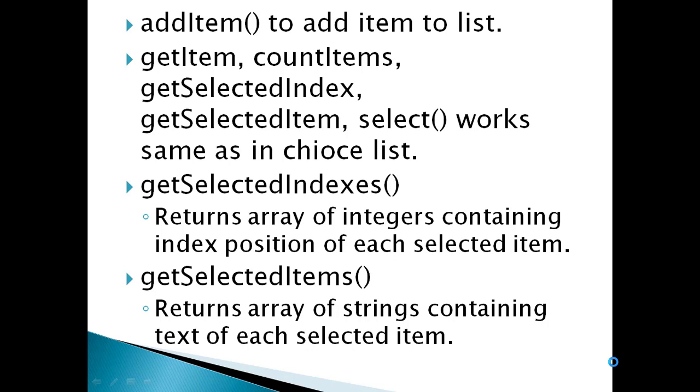Next method is getSelectedItems. It returns an array of strings containing the text of each selected item. These are the methods: addItem, getItem, countItems, getSelectedIndex, getSelectedItem, select, getSelectedIndexes, getSelectedItems.